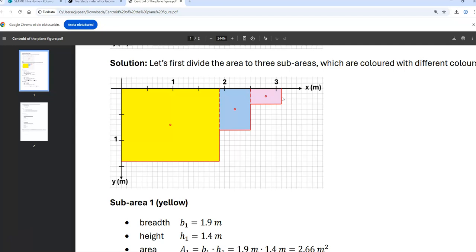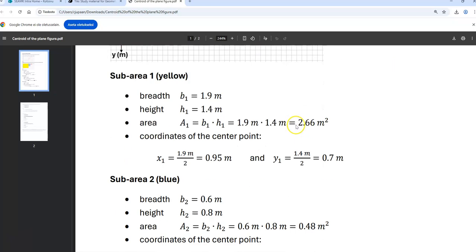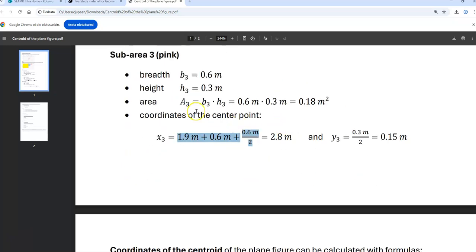But in the calculation process, you have to use some kind of coordinate system, and in this case I have drawn the coordinate axes so that the origin is at the upper left corner of that first figure. So that's why I made these calculations here.